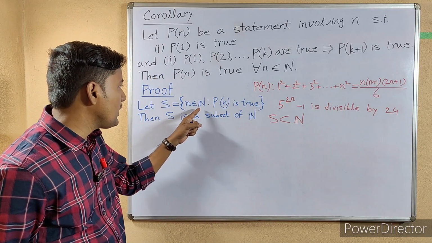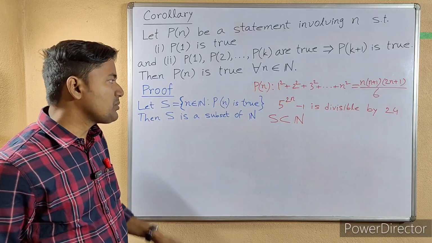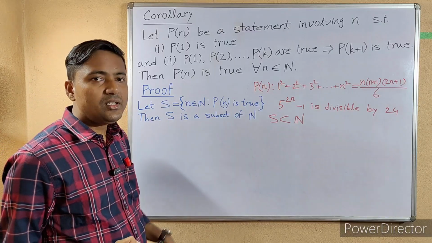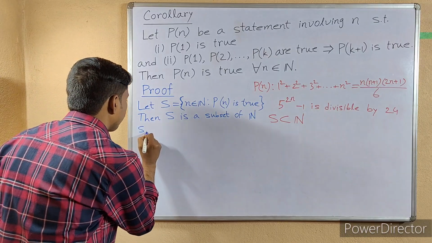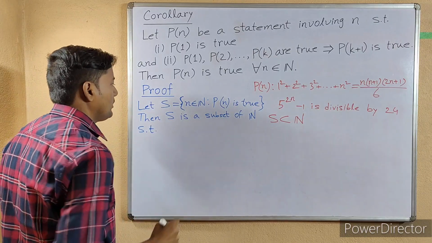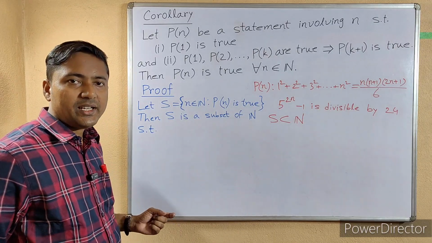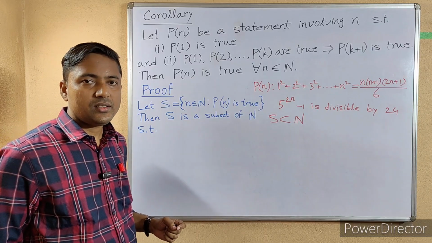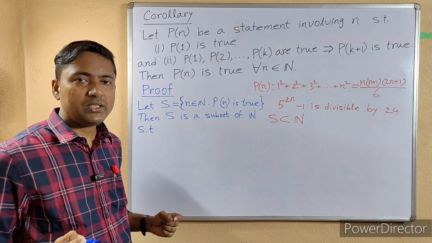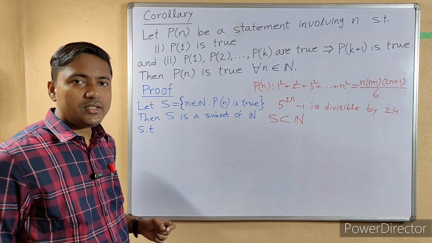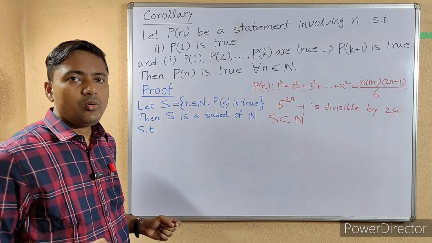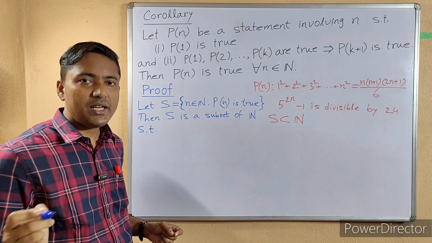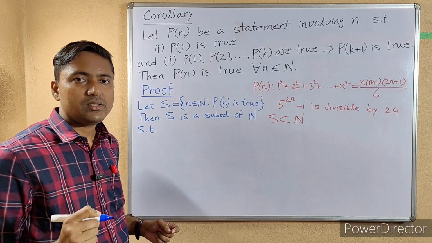Because here we have n belongs to N, so S is a subset of N. Now we have to check whether S satisfies the two conditions of the second principle of mathematical induction. That is, we have to check whether 1 belongs to S and 1, 2, dot dot dot k belongs to S implies k plus 1 belongs to S.